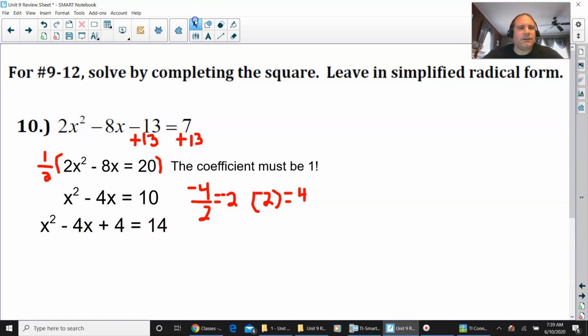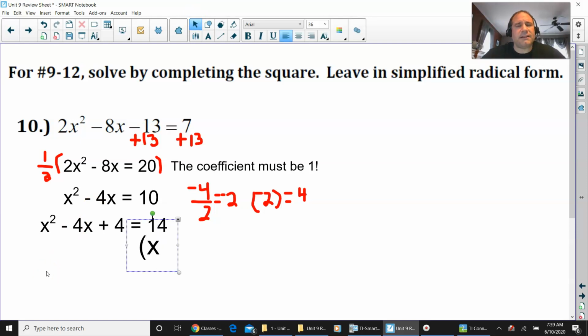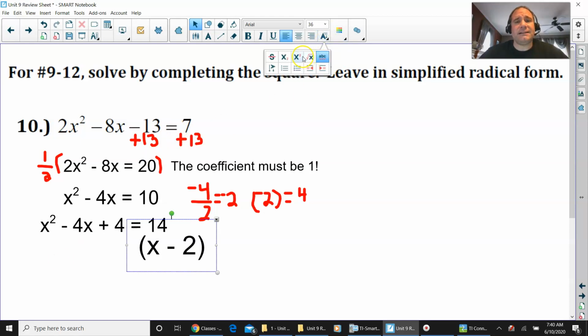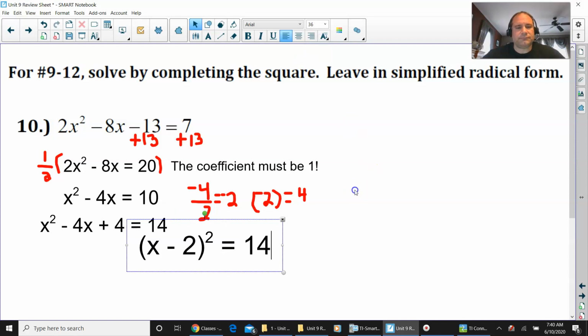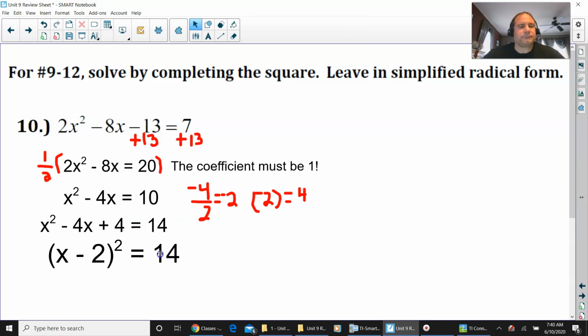So you're looking for a binomial that multiplied together equals positive 4 and adds to negative 4. So it's negative 2 times negative 2, and I am going to put that as x minus 2 squared equals 14. x minus 2 times x minus 2 is the factored form of x squared minus 4x plus 4.